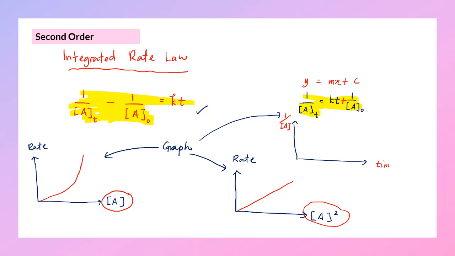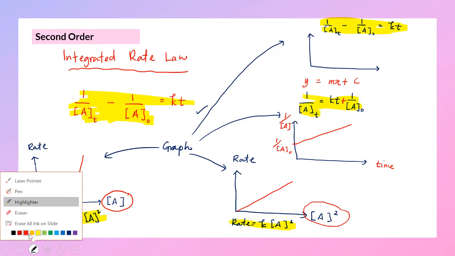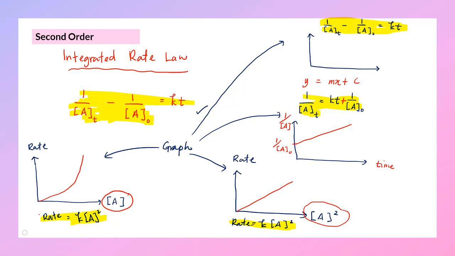You will get this graph, and this side is 1 over initial concentration of A. If we use this equation to sketch a graph, this is y, this is mx, and the c is 0.